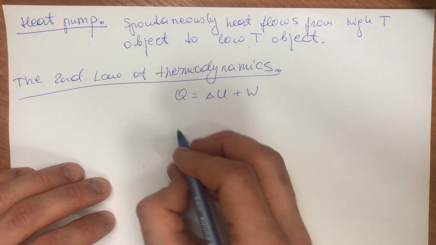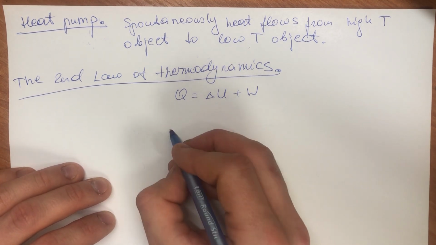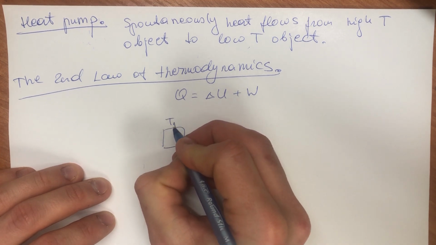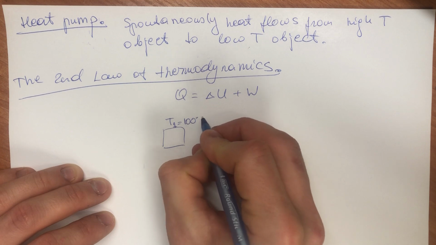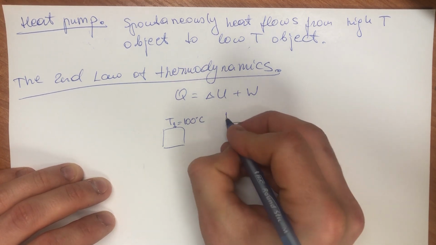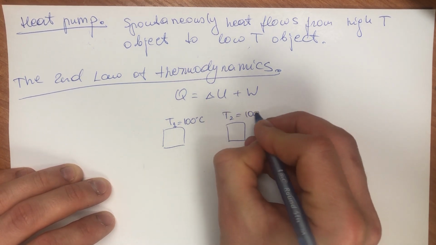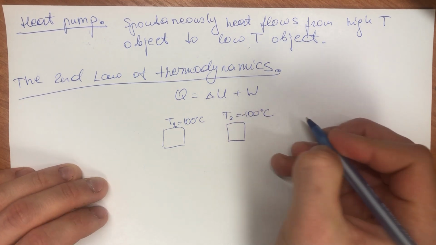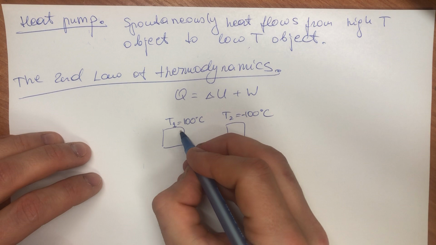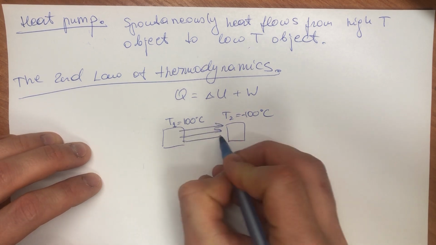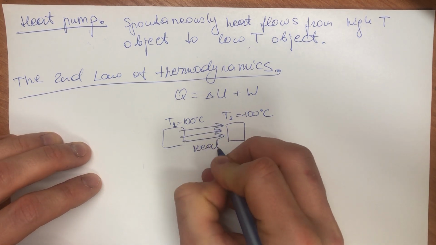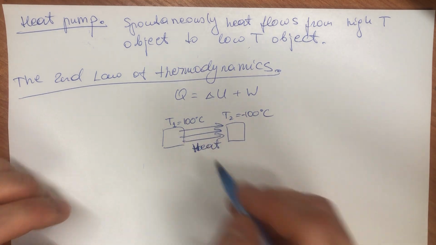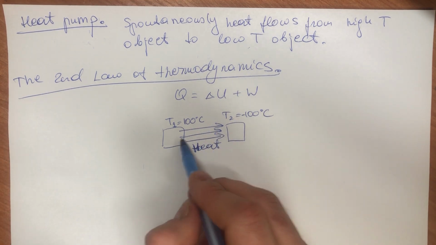As you know, if you have an object T1 that is 100 degrees Celsius, and an object T2 that is, let's say, minus 100 degrees Celsius, energy would flow from T1 to T2. Heat flows from here to here. Yes, in this case it can occur by radiation.